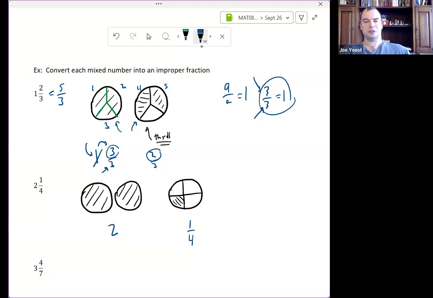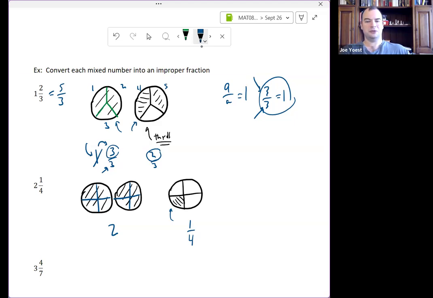So this is 2 pizzas. But again, because I want these slices to mesh with this extra 1/4 over here, I can choose to cut these 2 pizzas each into 4 slices of size 1/4.